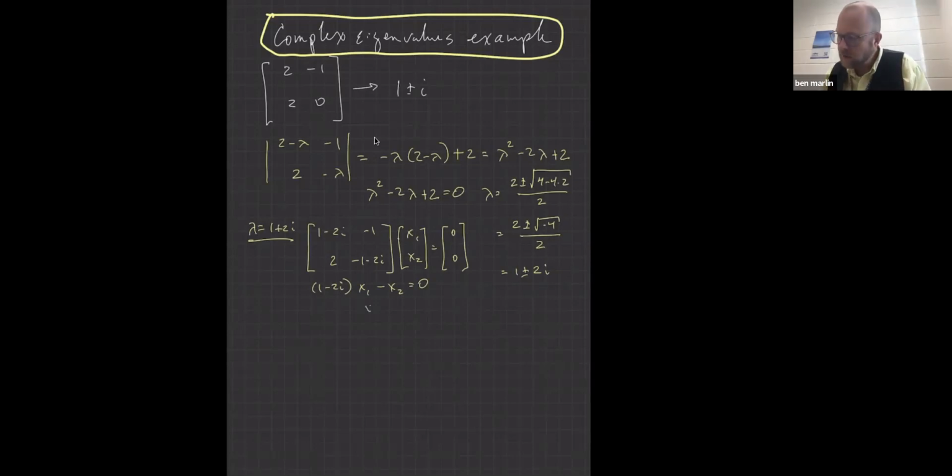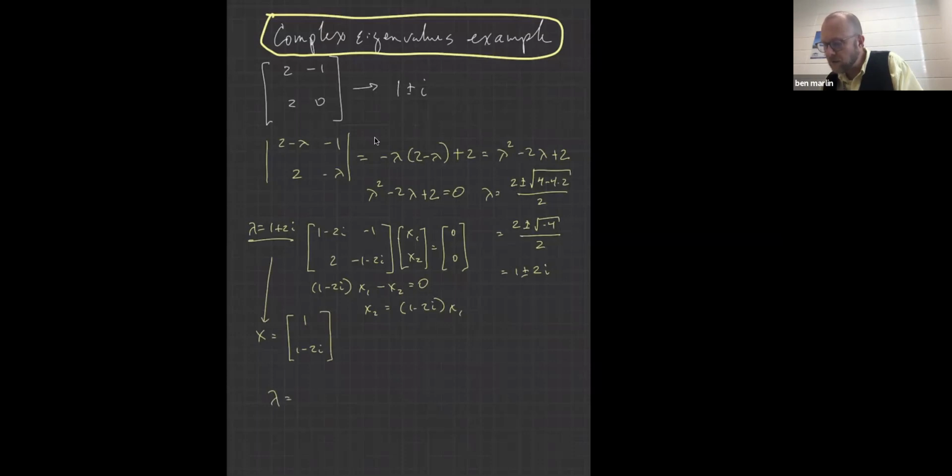So I am going to just go ahead and say x2 is 1 minus 2i times x1. Okay? So if I choose my x1 to be 1, then my x2 has to be 1 minus 2i. Okay? So that is the eigenpair there.